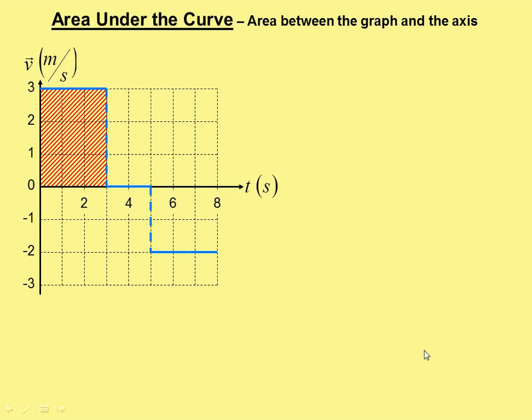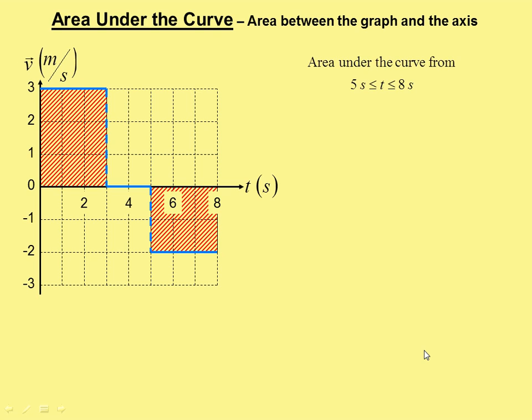Now, let's check out from 5 to 8 seconds. That's this area right there. Again, we have a rectangle, so it's length times width. Let's do this dimension as the length. This length is not 2, it's negative 2 meters per second. And this is going to give us the displacement.